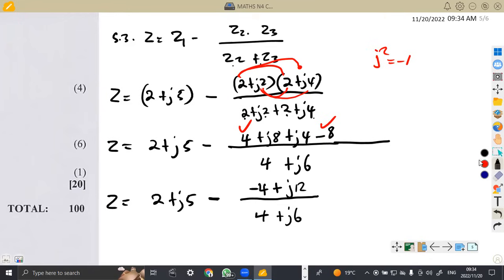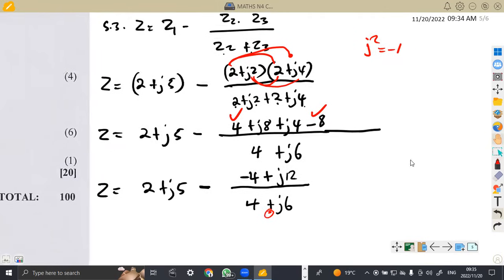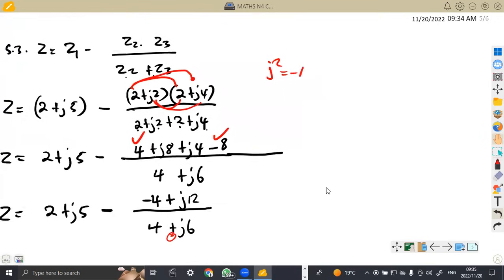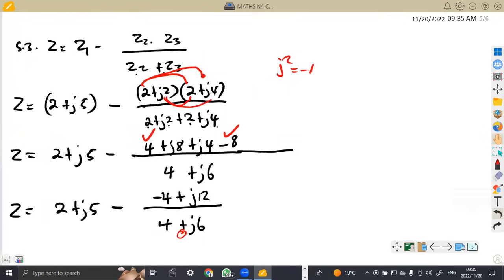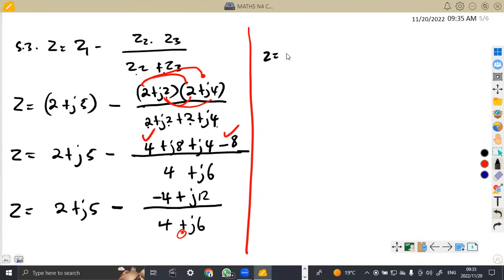How can we simplify? Here we are having a fraction. So we know that whenever we are having a fraction, we are supposed to multiply by the complex conjugate of the denominator by introducing a negative so that we can simplify the given fraction. So here we are supposed to have something of this nature. Let's just write it here so that it can be proper. Our z was going to be 2 plus j5 minus, multiply by the complex conjugate, both the numerator and the denominator.